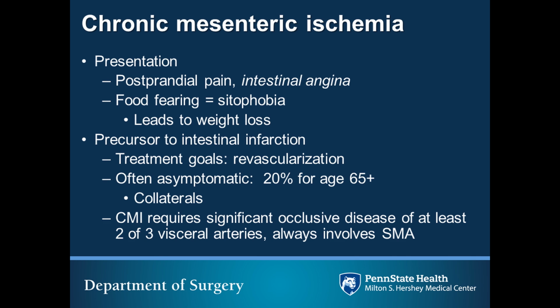These patients often are asymptomatic initially because of the significant amount of collaterals. And as I already mentioned, to have the diagnosis, they need to have significant occlusion of at least 2 of the 3 arteries, one of which is always the SMA.